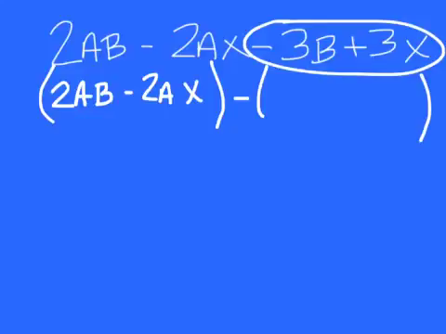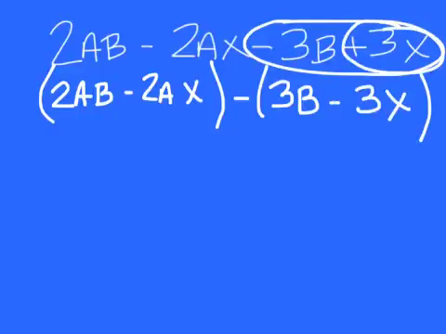So instead of putting in minus 3b, I'm putting in 3b. And instead of 3x, it's minus 3x. If you can multiply that out by negative 1 and come back with what's up here, then you did it right. So a negative 1 times 3b and negative 1 times a negative 3x would take us back to the original spot.